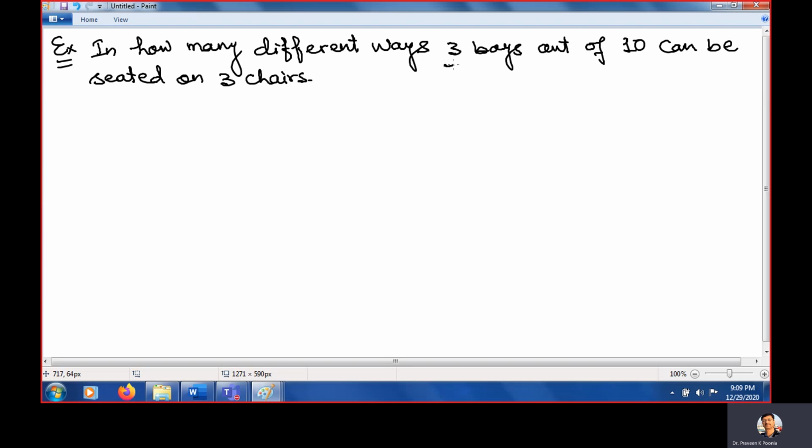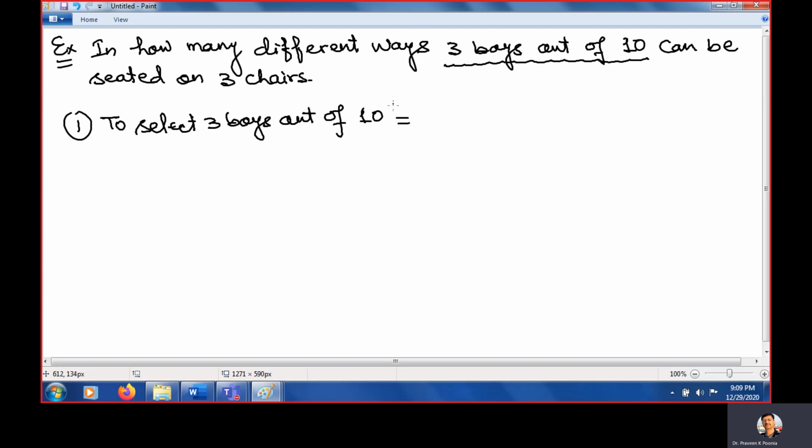First of all, you need to choose 3 boys out of 10. The possible number of ways is 10C3. Clear? This is number 1. Number 2 is can be seated on 3 chairs.